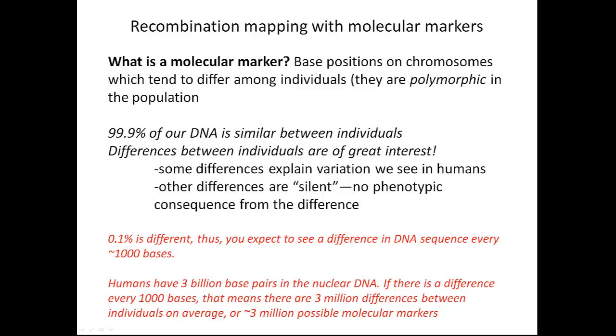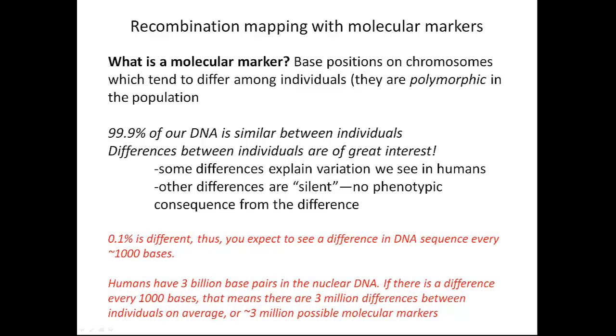Some of those differences might explain why my family has a high incidence of breast cancer and yours doesn't, for example. Other changes at the DNA level are silent changes, and so these changes may happen in a non-gene region of the genome, and there's really no phenotypic consequence from that difference.